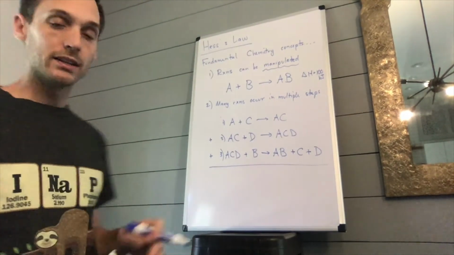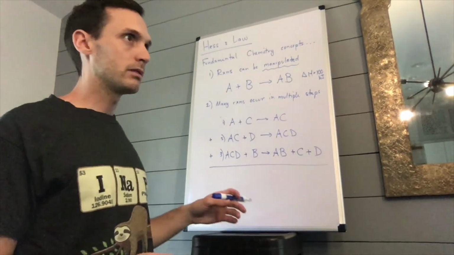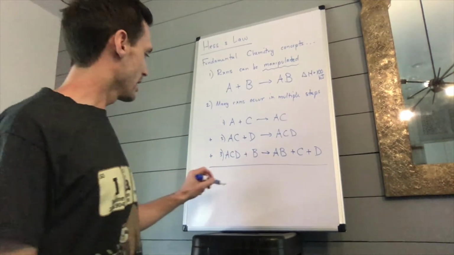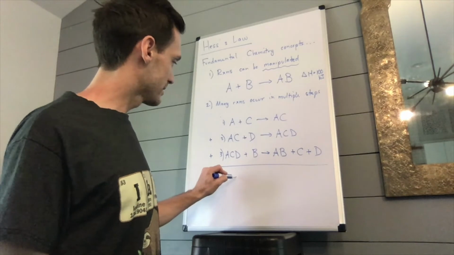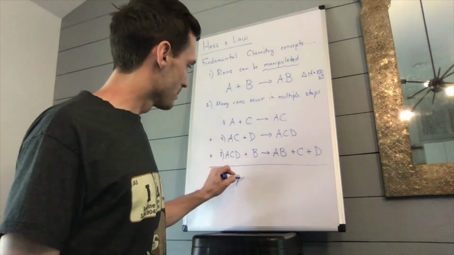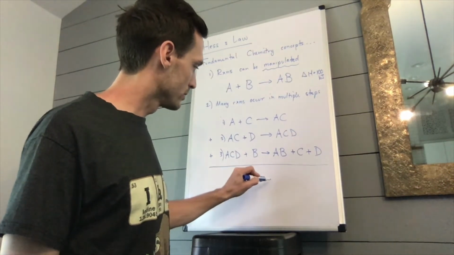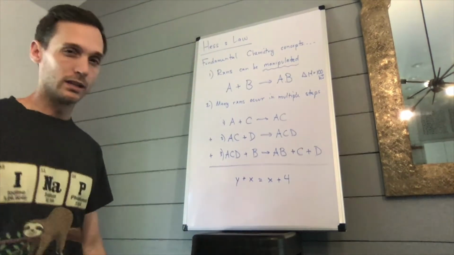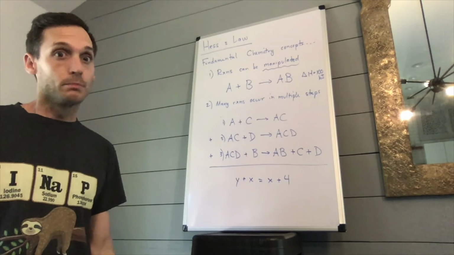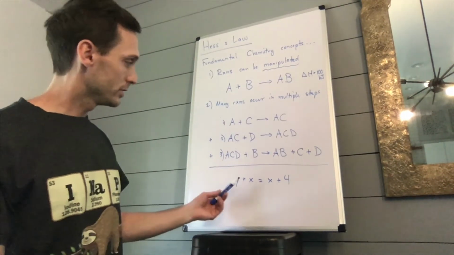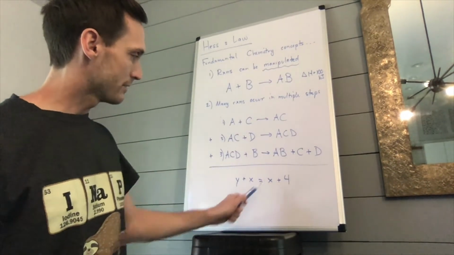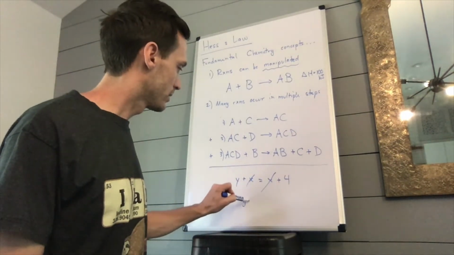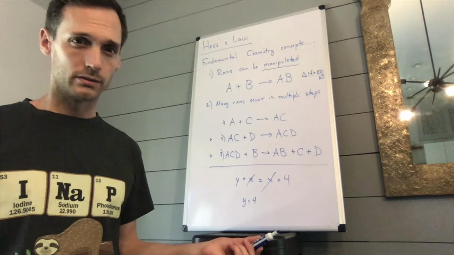If you had a regular equation in Algebra 2, 9th grade, 8th grade, let's say, y plus x equals x plus 4, and I said simplify that, hopefully you would think, well, there's an x on the left, an x on the right, so they're going to cancel each other out, and we're going to be left with y equals 4, right?